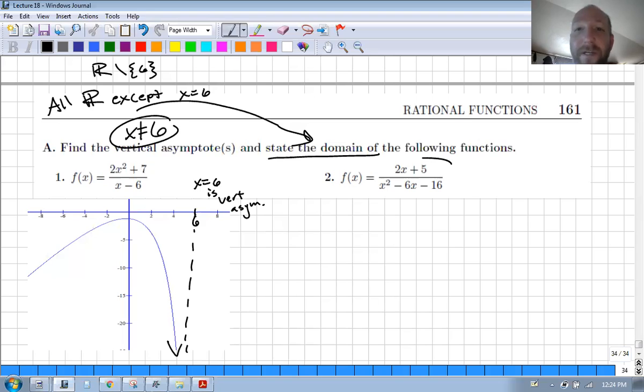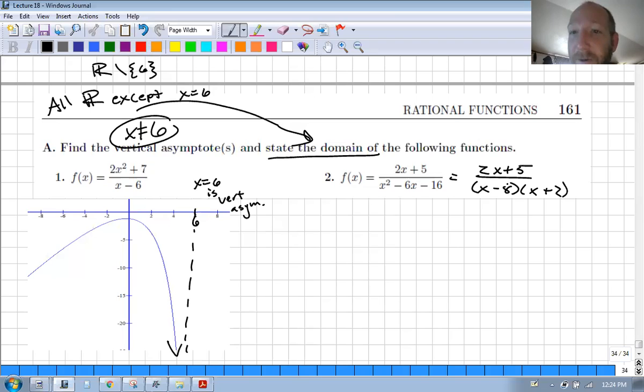So for this one over here, we need to find out what makes 0 on the bottom. So we need to factor it. On the bottom here, let's see if we can eyeball this. We need an x and x, minus 8 and plus 2.